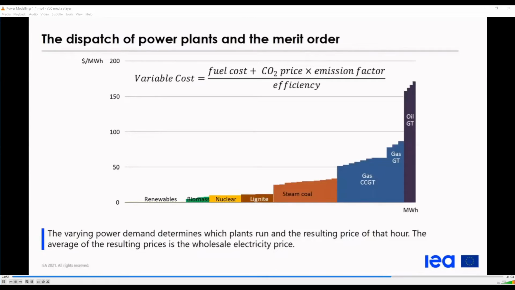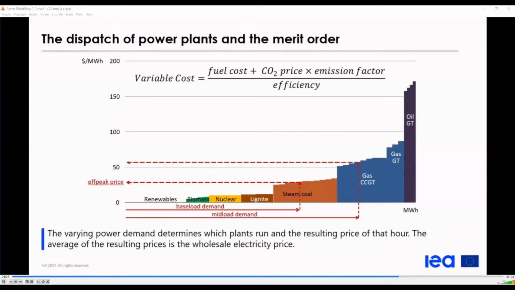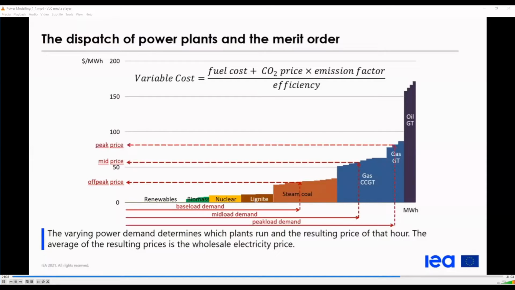This diagram shows the level of electricity demand on the x-axis, and it helps determine which plants will run, and the consequence, the implication, is the price. For example, the off-peak price would be determined mainly by nuclear, lignite, and steam coal during baseload hours, then mid-load, and also for peak load demand.